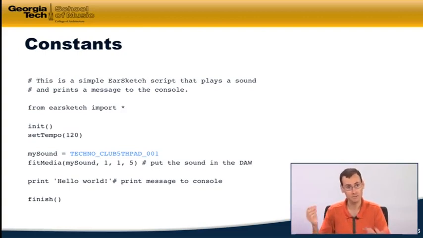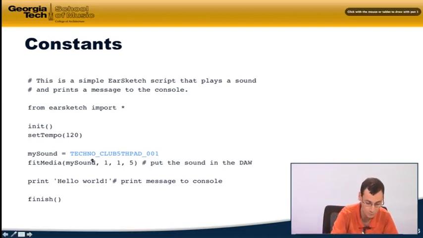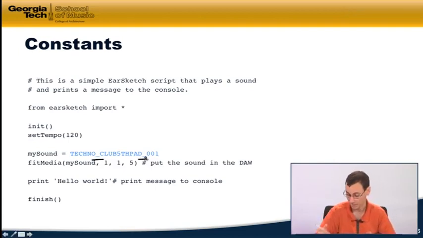And all these constants from the EarSketch sound library are predefined. They're the ones you're most often going to be using when you write EarSketch scripts in Python. You'll notice that the constant is in all capital letters. That's a convention that programmers use so that they know that it's a constant. And it also has no spaces. Instead of spaces, you see these underscore characters. Constants cannot have spaces in their names.